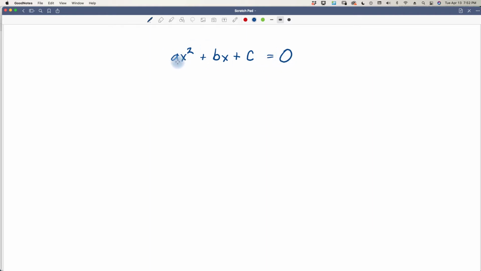And so what we're going to do is learn to recognize these values as constants and sub in whatever is placed in these positions into the quadratic formula. This is the quadratic formula.